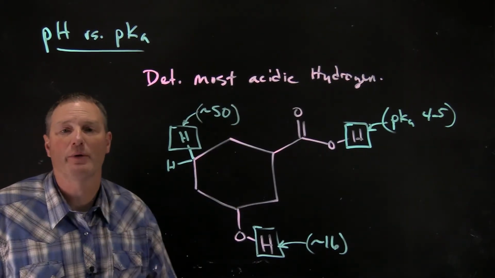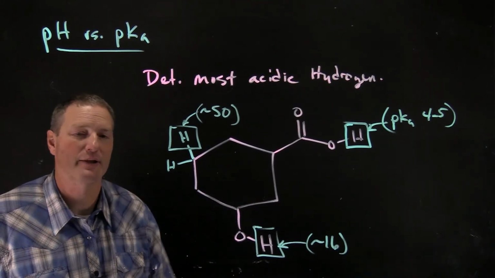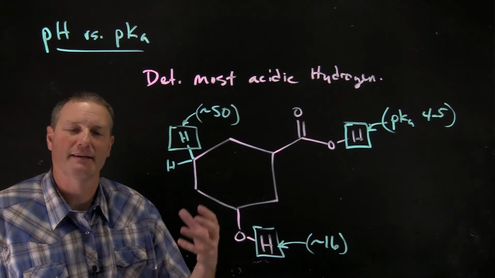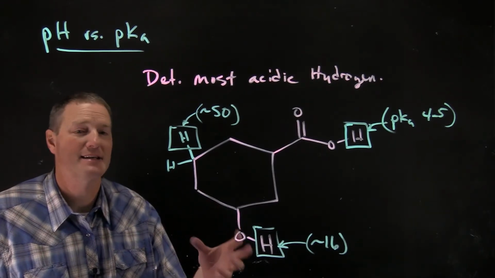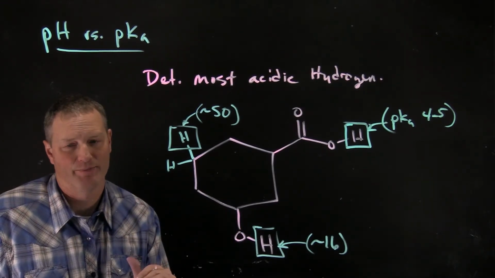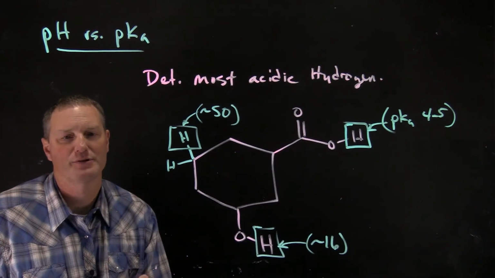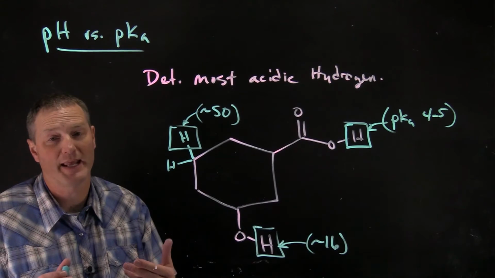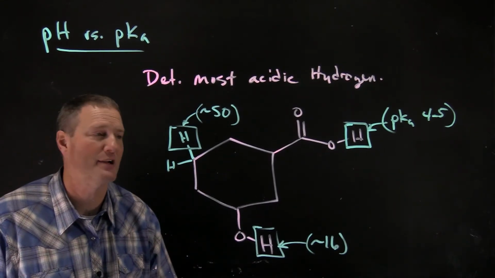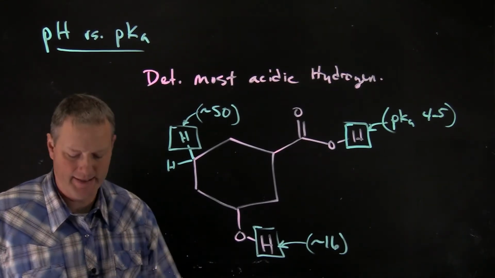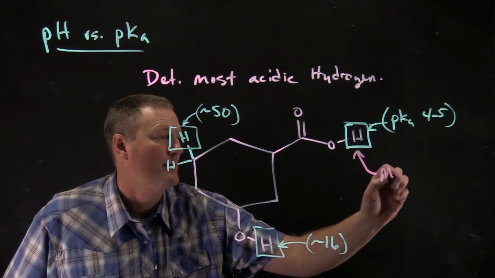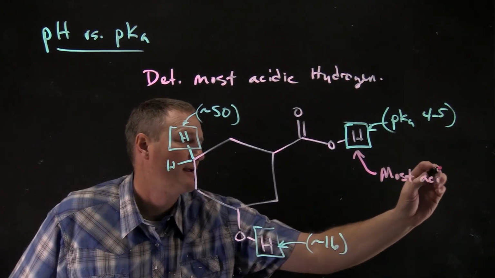So if I were to look at this molecule and try to determine the most acidic hydrogen, we're going to identify the proton that has the lowest pKa value. Remember, low pKa numbers mean that proton is quite acidic. Conversely, very large pKa numbers mean that a proton is not very acidic. So looking at this, the carboxylic acid proton would be the most acidic.